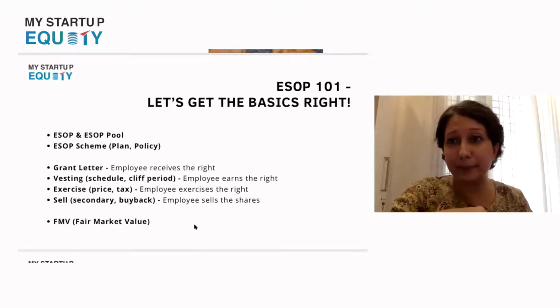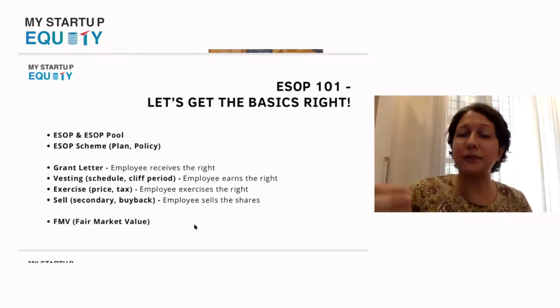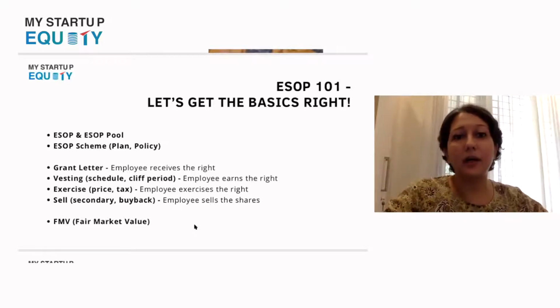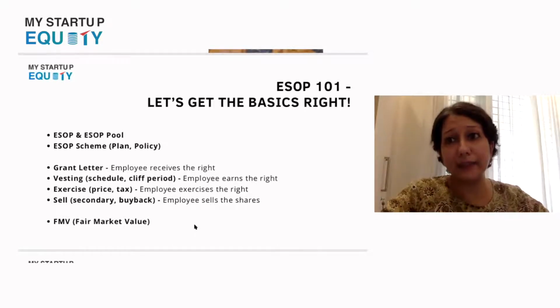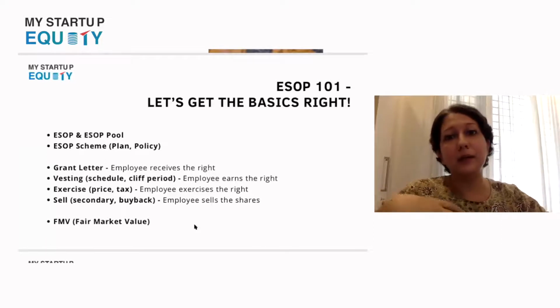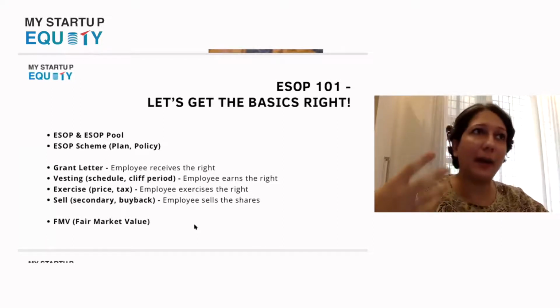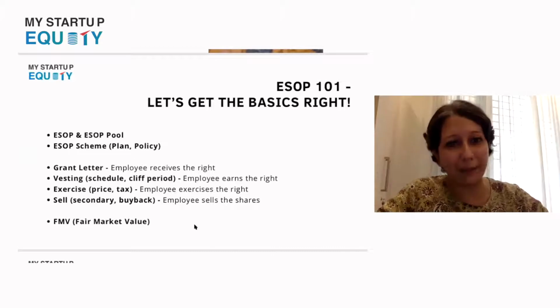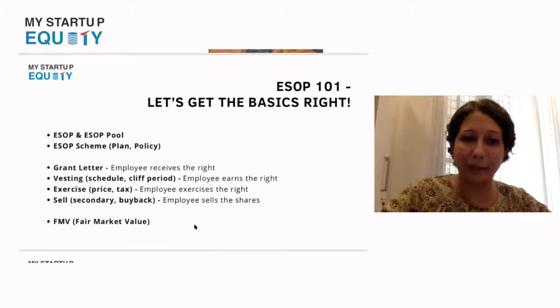What will the exercise price be? Will it be a nominal exercise price of just a few rupees sometimes, or would it be pegged to the last round valuation? For an employee who exits the company, how would you treat him? An employee might exit on amicable terms, and in that case, what will happen to his ESOP? He might leave on unamicable terms, and in that case, what would happen to the ESOP?